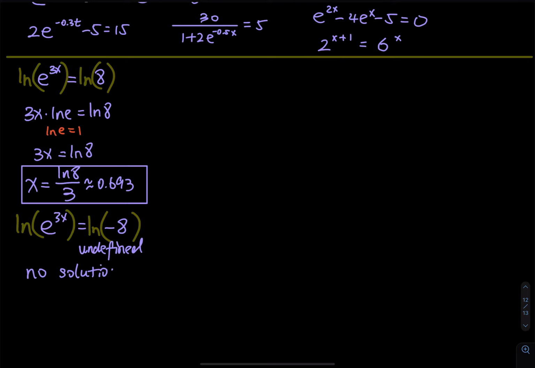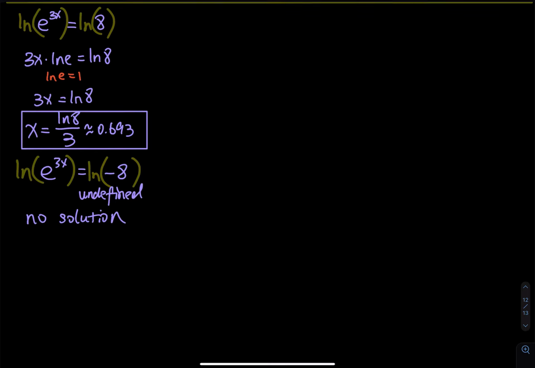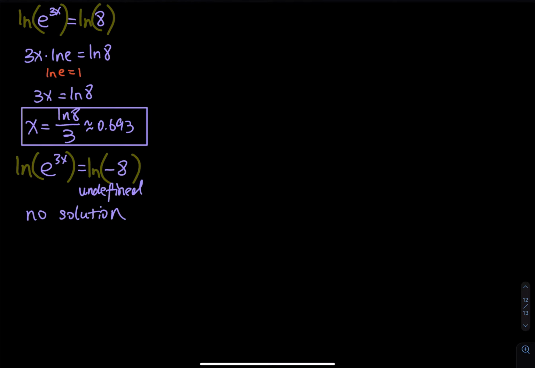Let me give you a graph of this equation. What does y equals e to the 3x look like? That is an exponential function, and it looks like this. How about -8? -8 is below the x-axis. y equals -8 is somewhere right over here.